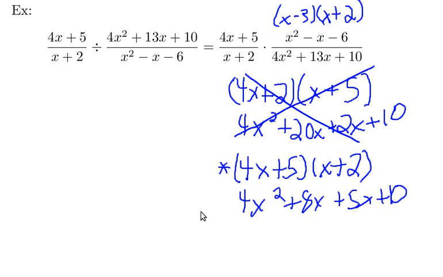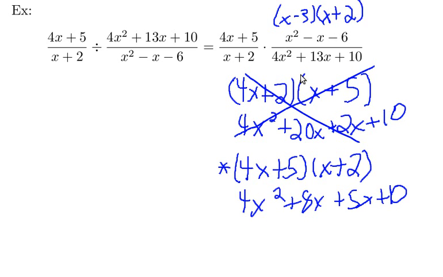So on the next line, let's write the factored form of this. We'll have the same thing on the left, 4x plus 5 over x plus 2, but I'm going to combine all of these terms into a single fraction.